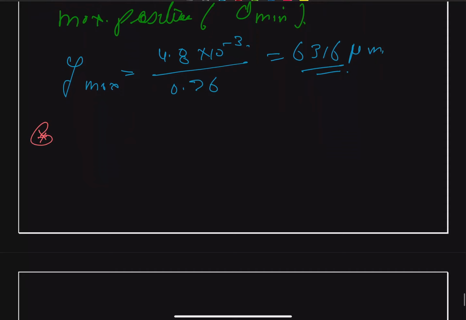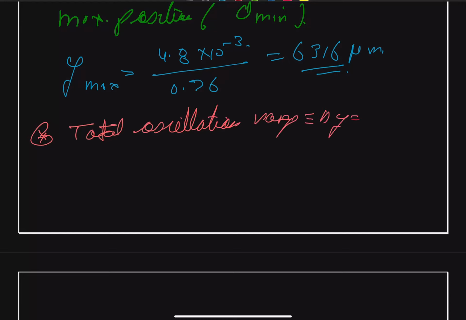So the total oscillation range, that is delta of y, will be y max minus y min.